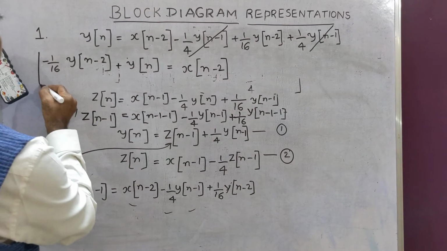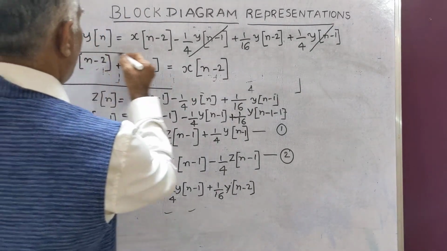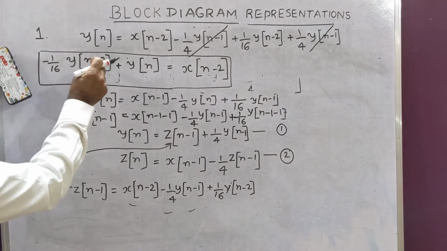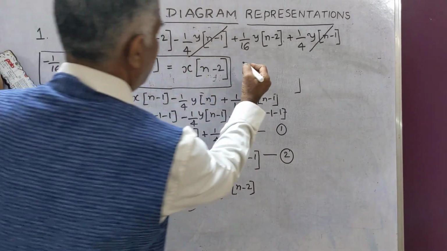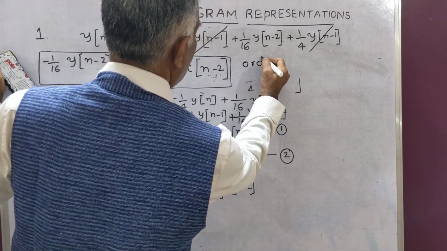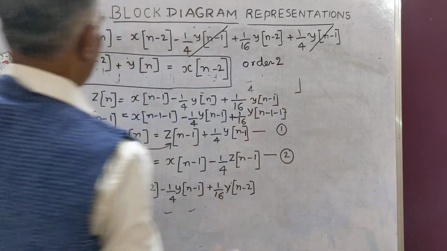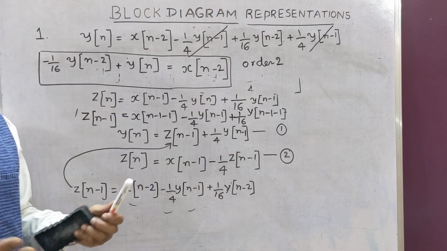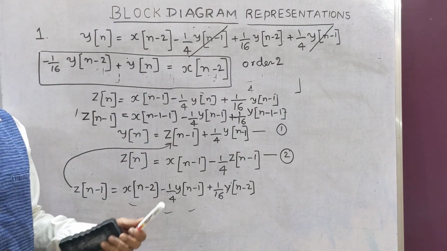This is what is called the difference equation. The maximum shift is 2, therefore this difference equation is of order 2. So first you have to write the equations correctly, and then it is merely manipulation. That's all. Thank you.